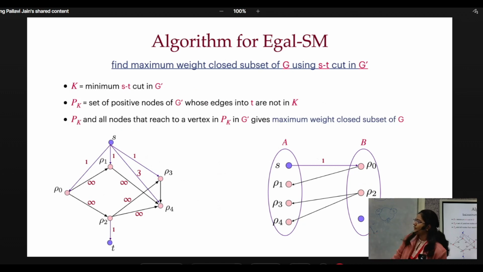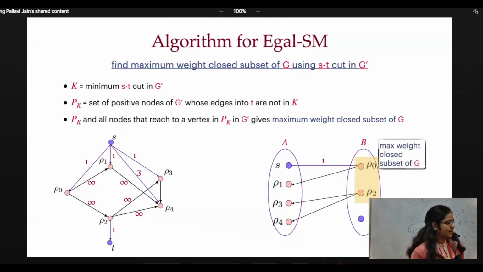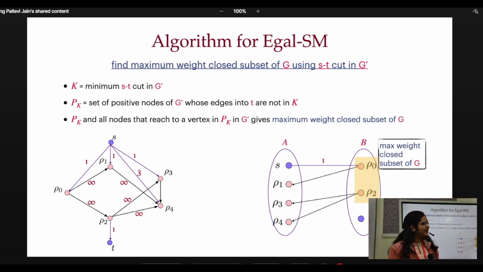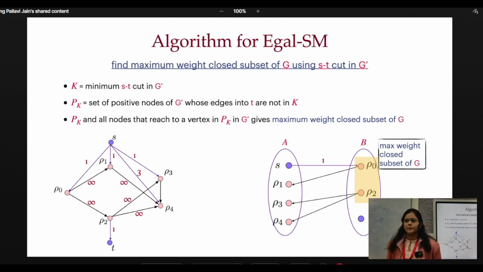So the algorithm says that this is the maximum weight closed subset of rotations. This is what our algorithm is saying. We do not know if it is correct, but these are the steps that are written. Now do you understand the algorithm? Let us first talk about that. Is the algorithm clear to everybody?